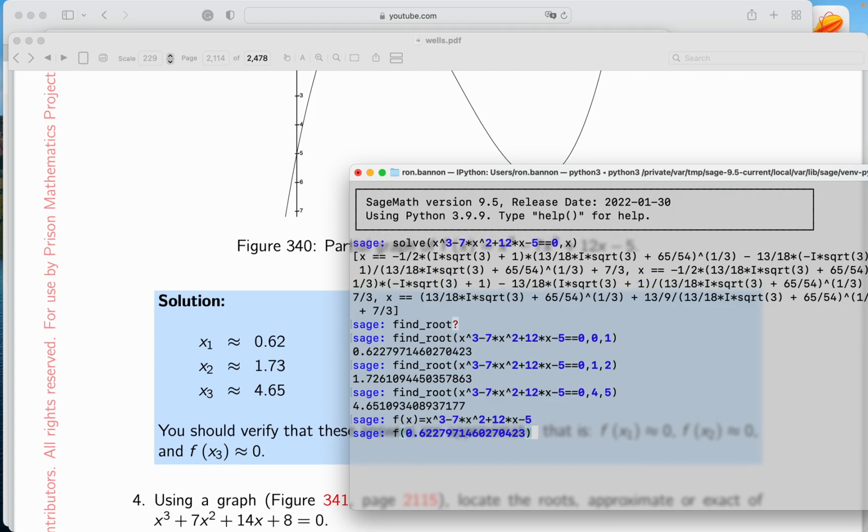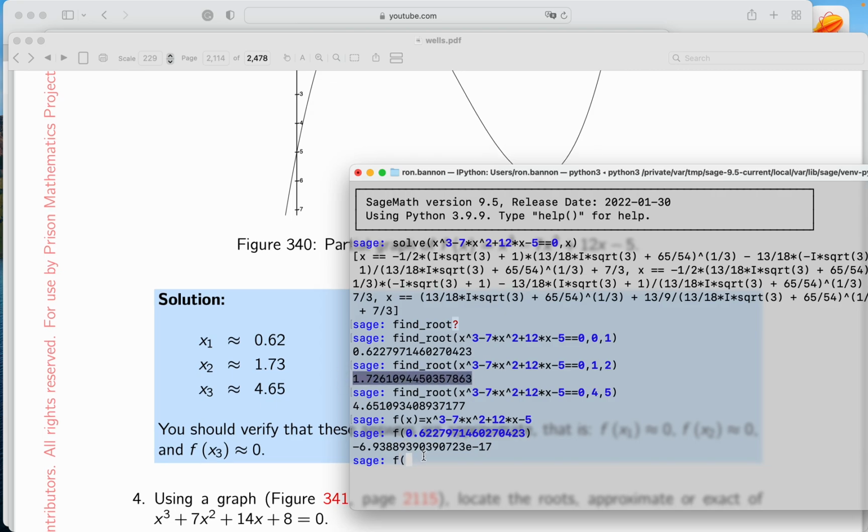What should it be? It should be about 0. It's not 0, but it's really close. It's minus 6.9 times 10 to the minus 17. Let's do the other one. Again, it should be 0 if that's the actual root, but it's an approximate root. So what do I get? Again, it's virtually 0, minus 1.25 times 10 to the minus 14.